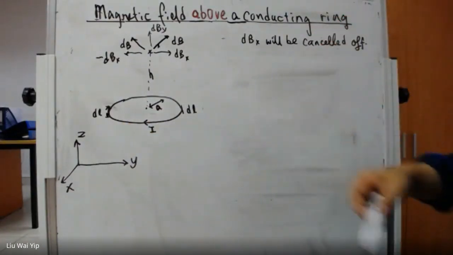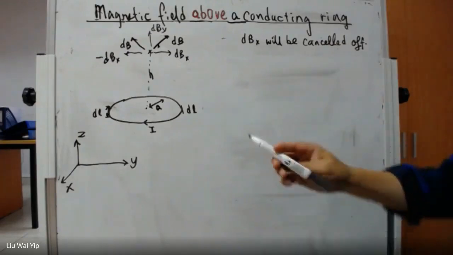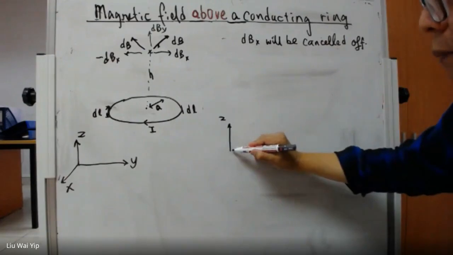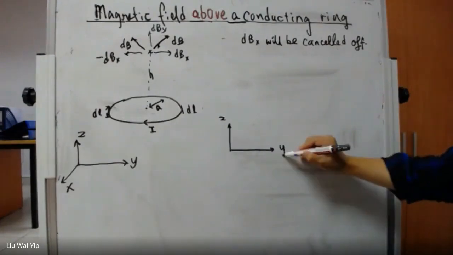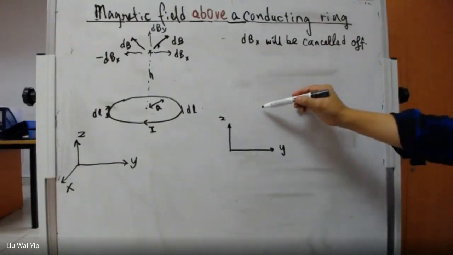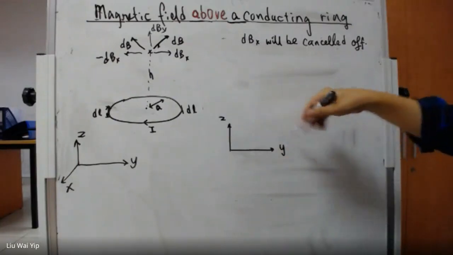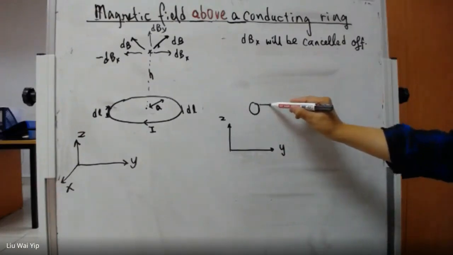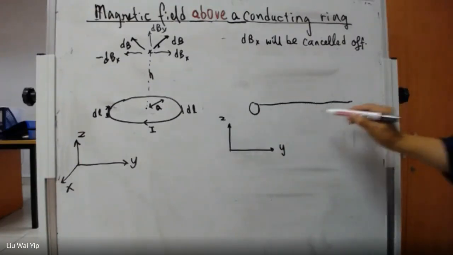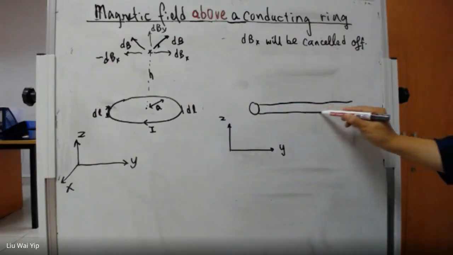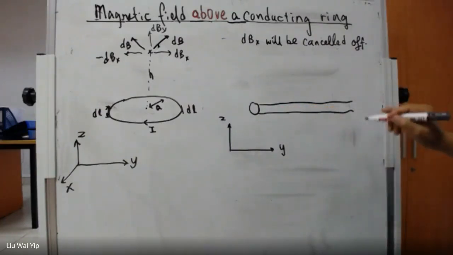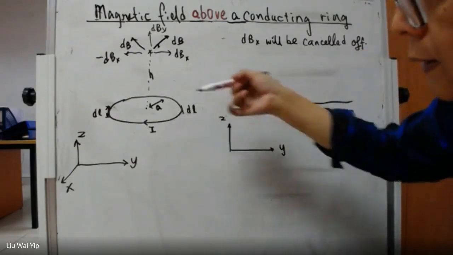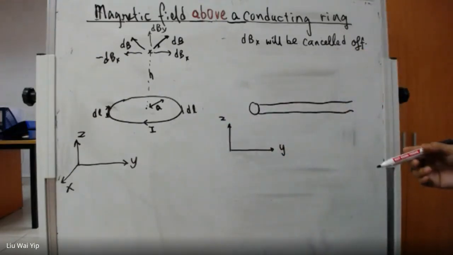Let's redraw the experimental setup and consider this plane. The metal ring will appear like this, because you are now looking along the horizontal direction.